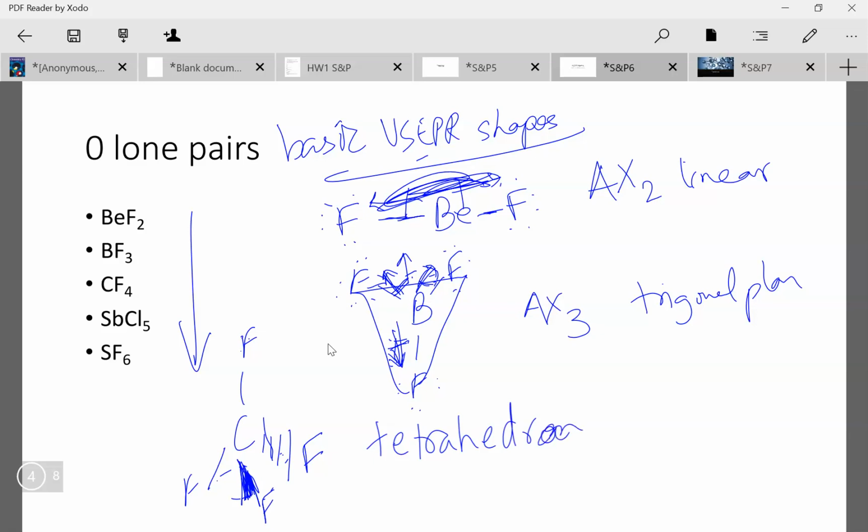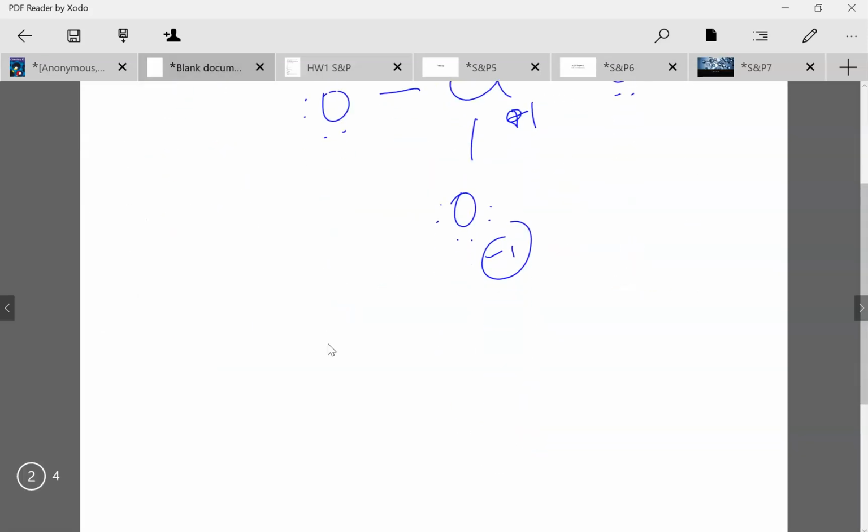This is a tetrahedral structure of AX4. Again, this will be non-polar because these three will have a net pointing straight down, which is cancelled by the net pointing straight up of the fluorine, and therefore you have a net zero dipole, a non-polar molecule. So this is a tetrahedral shape. We can do SbCl5 and SF6 separately.